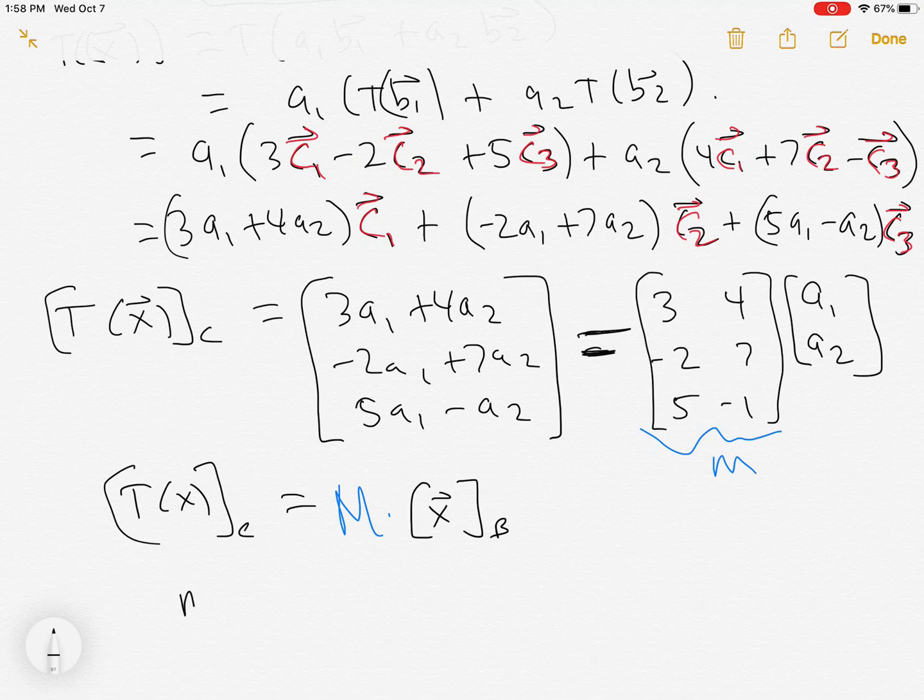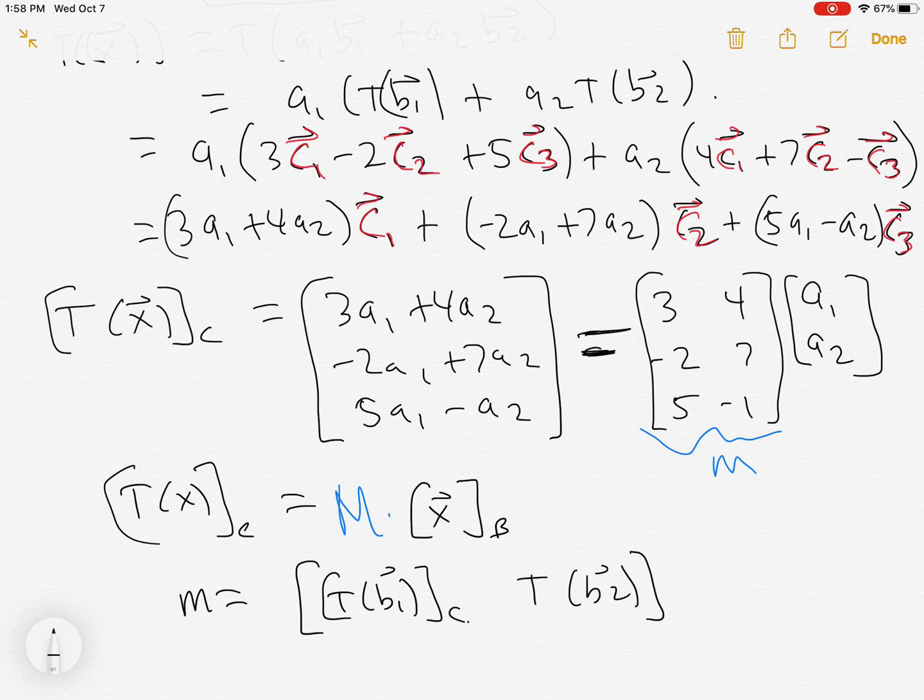And so M turns out to be what? It's T of B1, the coordinate vector of B1, and T of B2, that coordinate vector, which are just column vectors.